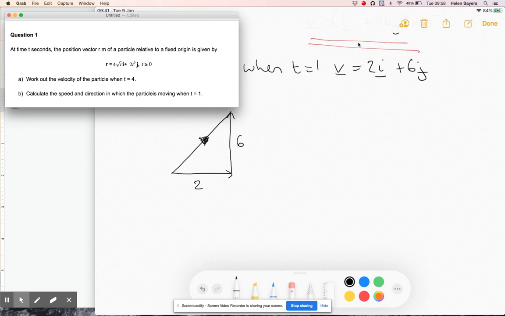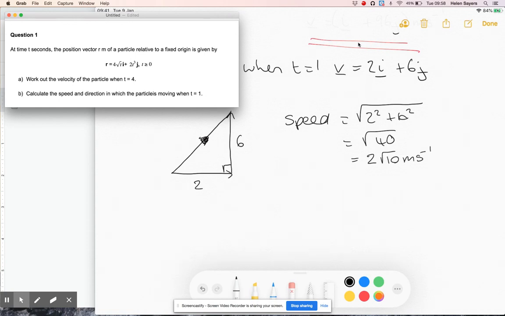So the speed is just going to be the magnitude of that vector. And obviously i and j are perpendicular to each other. So that is just going to be Pythagoras. So the speed is going to be the square root of 2 squared plus 6 squared. So I get that to be root 40. And we haven't said how to give your answer, so we could simplify that as a surd. So that could simplify to 2 root 10.